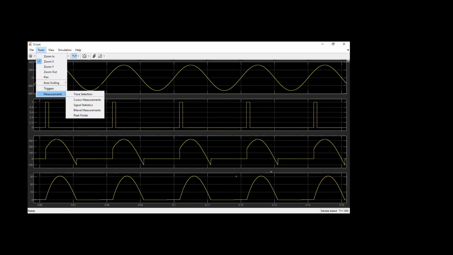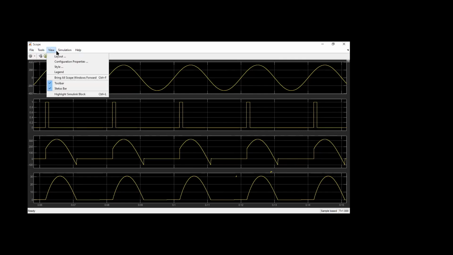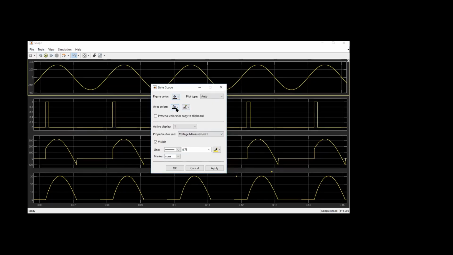If you are using the 2014 version, figure properties will be there. In 2020, go to the style or legend, and click on the style. You can select the figure color or axis color, the color of the diagram, and the thickness of the line. Even 2 I can keep.